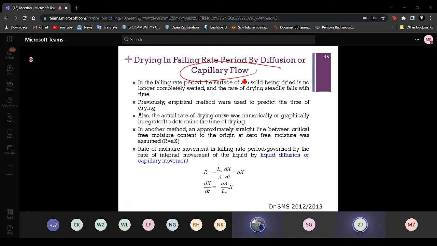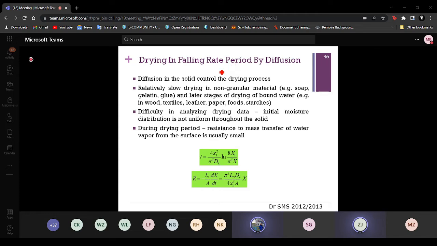For diffusion, this is very straightforward. Normally, if the problem involves the falling rate and they mention that it follows the diffusion mechanism, for example following the diffusion mechanism in the falling rate period, you can straight away use this equation to find the time and also the rate. The rate is of course changing depending on the position of x.